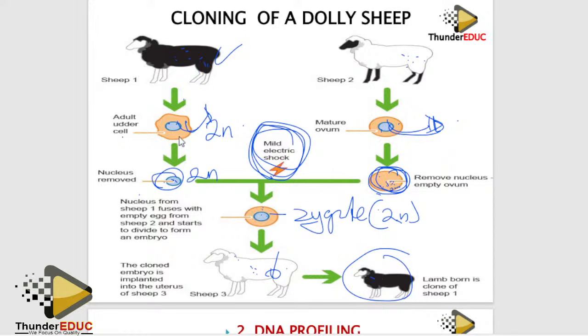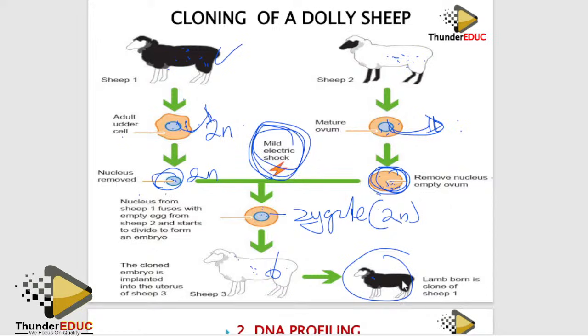They can ask you a question: why do we remove the nucleus? Why do we keep the nucleus? Because we wanted the genetic information from sheep 1. Why did we throw the nucleus away? Because we wanted the casing of the ovum. We are not interested in the genetics here. So which method do we use? Mild electric shock.